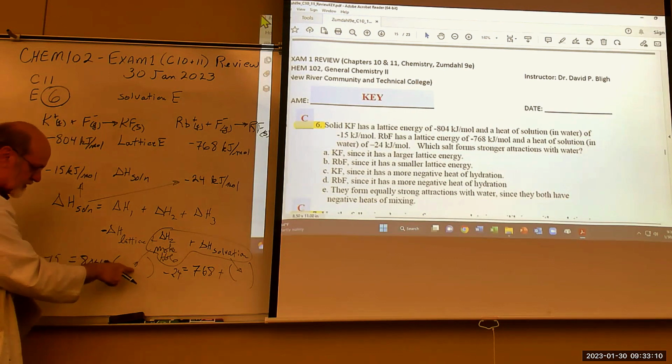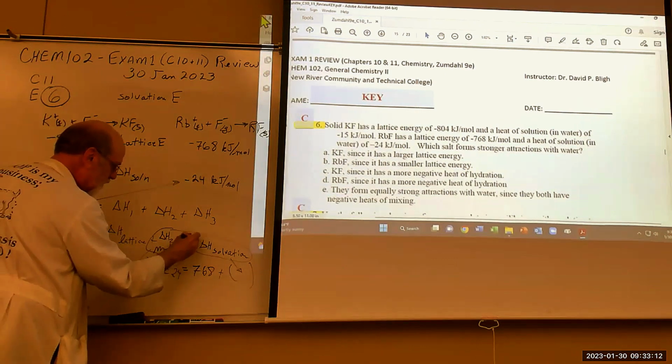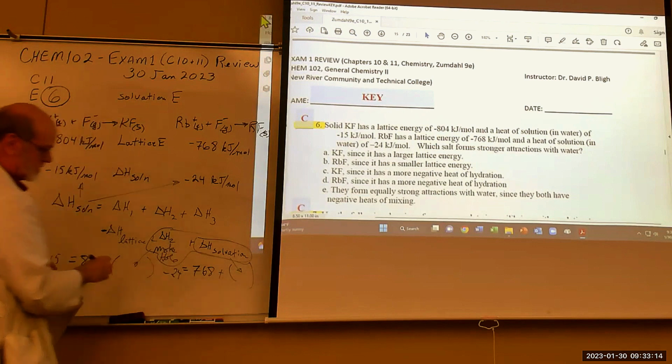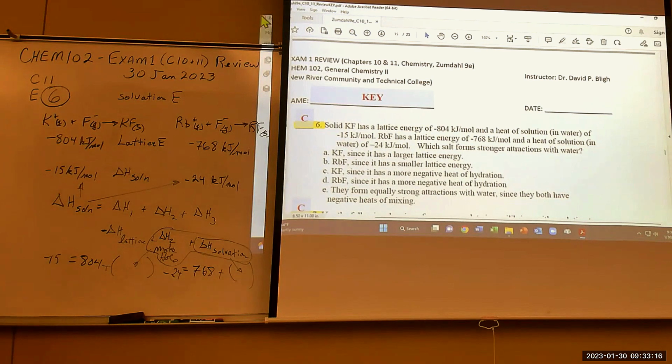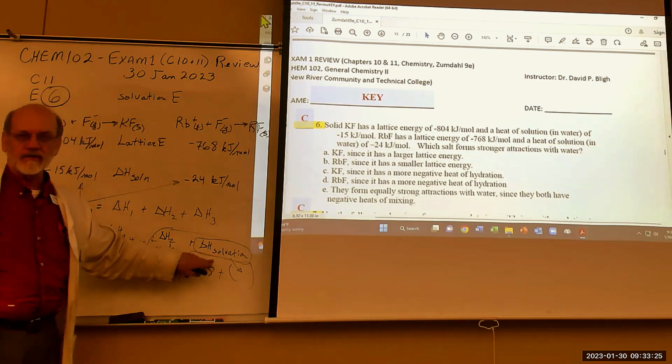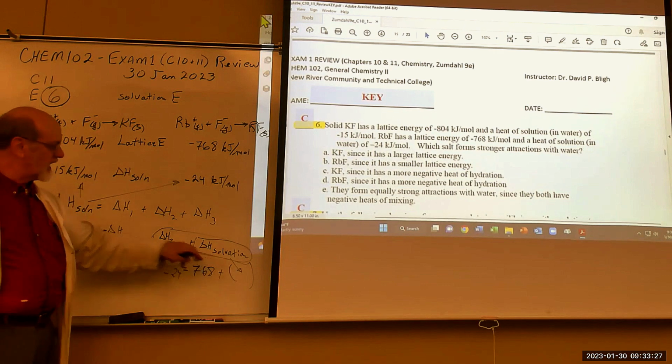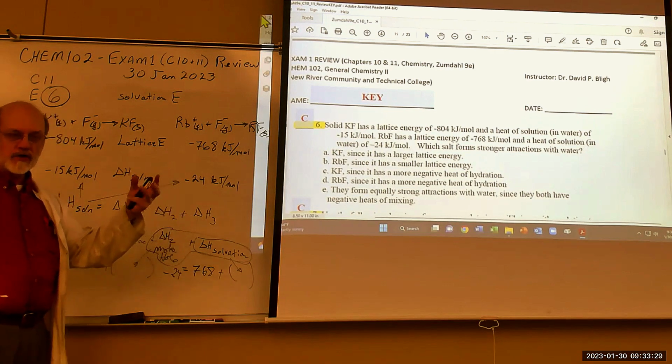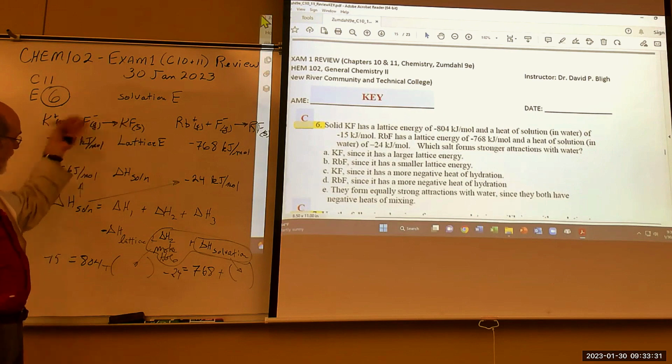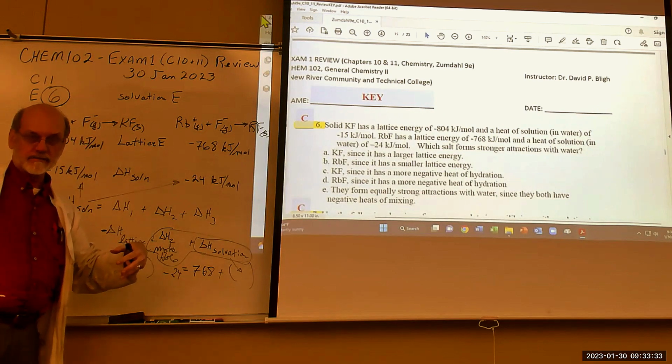So really the difference in here is due to the heat of solvation. Okay. So let's see what our choices are. KF, which forms stronger attraction with water? That's the heat of solvation. That's this third step where you have attraction between these ions and water molecules.